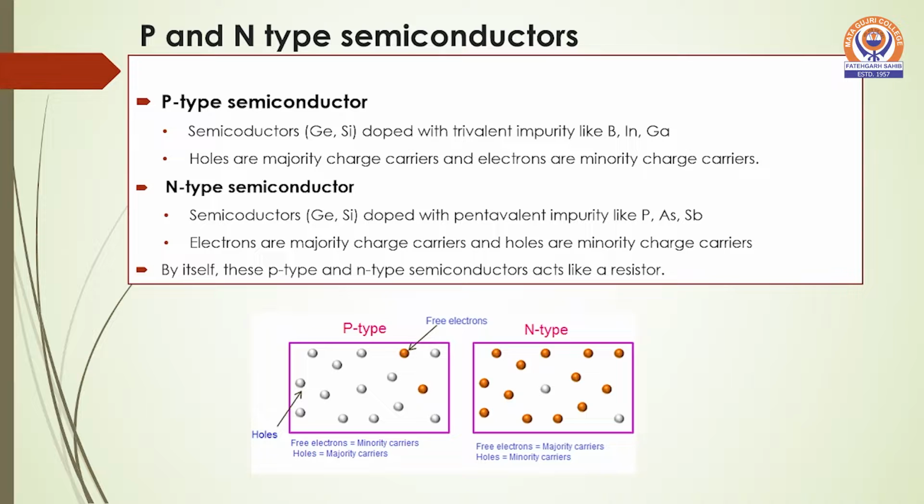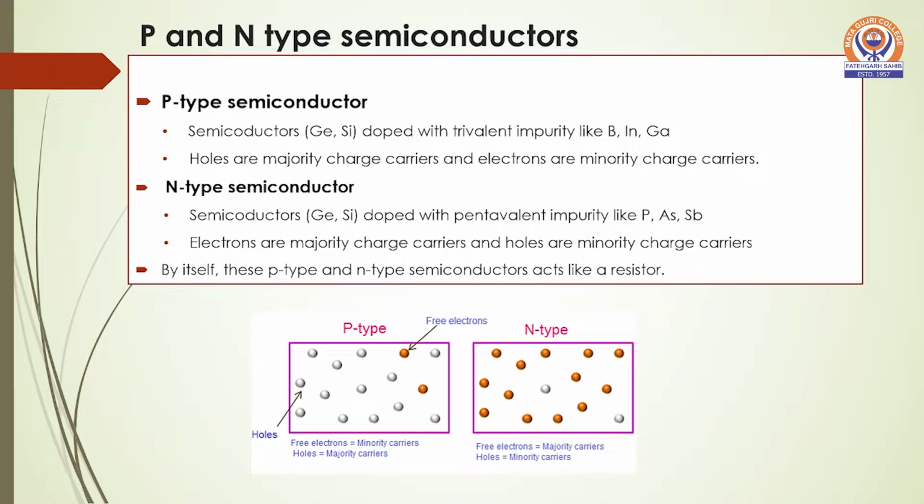In these semiconductors, holes are majority charge carriers and electrons are minority charge carriers, while when the semiconductors are doped with pentavalent impurity like phosphorus, antimony, arsenic, they are known as the N-type semiconductors. In these semiconductors, electrons are majority charge carriers and holes are the minority charge carriers.